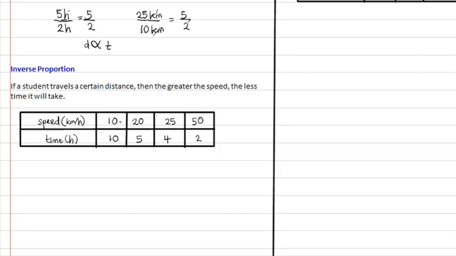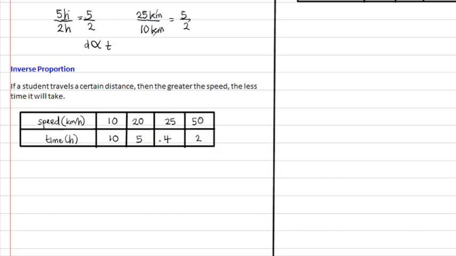If the student is moving at 10 kilometers per hour, the time he will take will be 10 hours. If the student is moving at 20, it will be 5 hours, at 25, 4 hours, at 50, 2 hours. Okay, so this scenario is also known as inverse proportion.